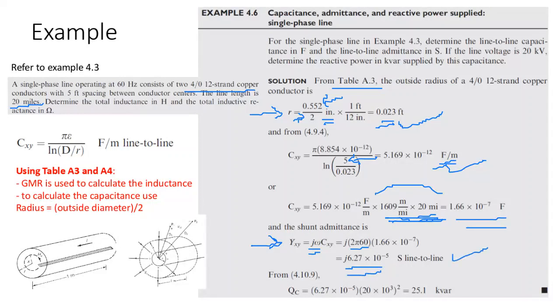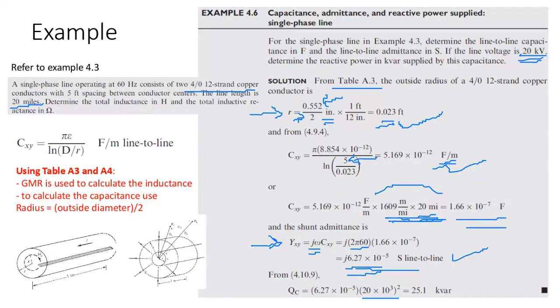We want to find the reactive power from this capacitance here. It is simply we use C multiplied by 20 times 10 to the power of 3 volts. Talking about 20 kV here, so 20,000 V line to line.